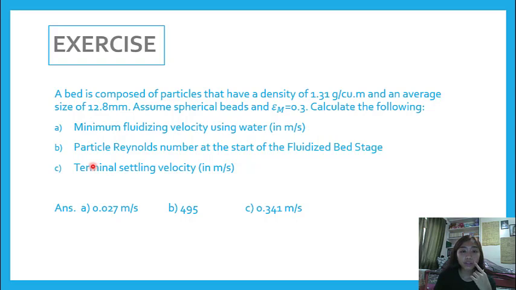Then, for the particle Reynolds number, since we get vom in A, we can compute the particle Reynolds number at the start of the fluidized bed stage. Okay? And also, we can compute the terminal settling velocity. And we can verify if our computation of the terminal settling velocity is correct using the particle Reynolds number. Okay? So, enjoy that, guys.